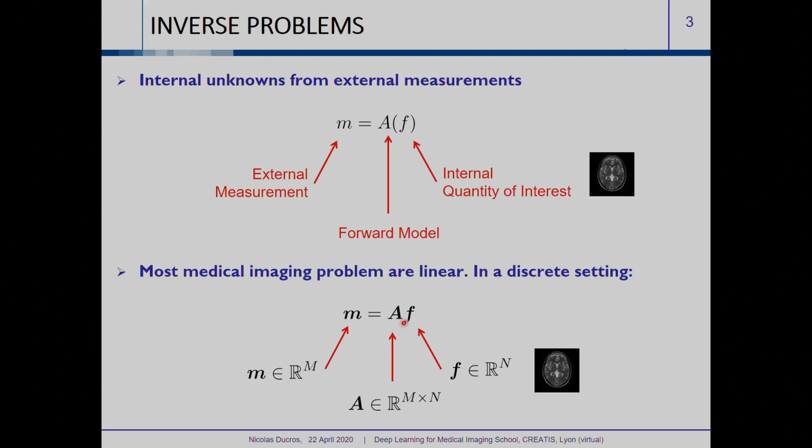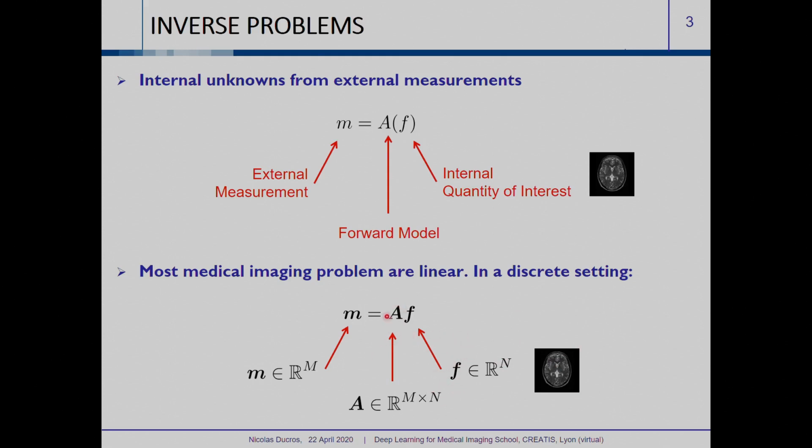And here I will consider a discrete setting, which means that the unknown f is discrete, and actually it's a column vector with n pixels, with n entries, and the entries of this vector represent the pixels in the image. So here it's an image, it's two-dimensional, but we put all those pixels into this column vector f. And this is our unknown.